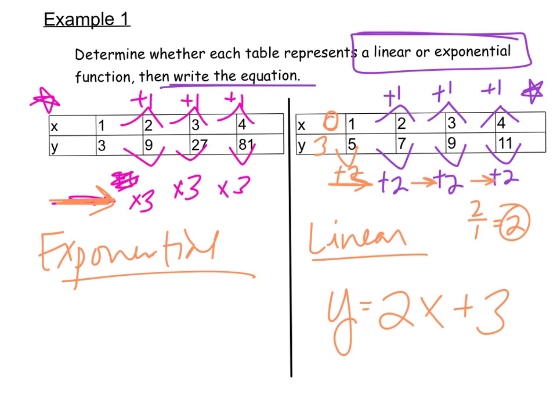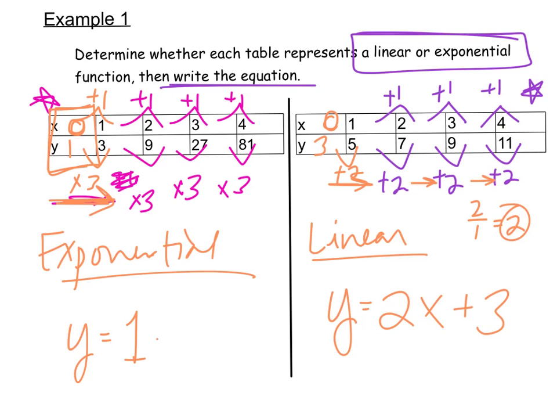Okay? And so what we want to make sure with exponential graphs is our y-intercept, unless there's going to be an a value, has to be at the point 0, 1. So we would go back to 0, but we have to think what times 3 is 3. Well, I know 1 times 3 is 3. So our exponential equation would be y equals, whatever this y is, that's your a value.